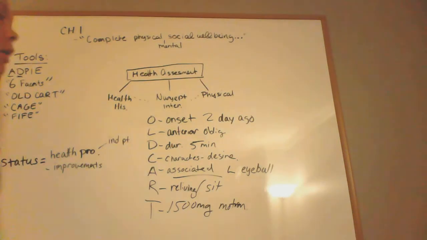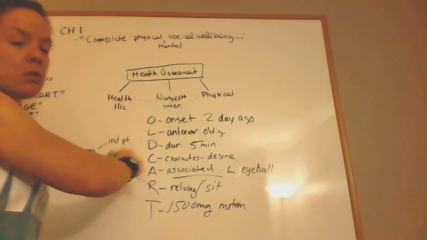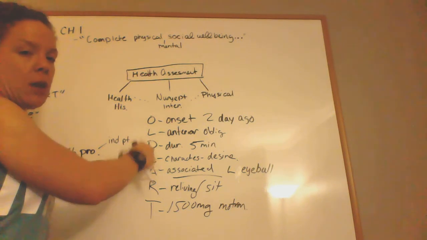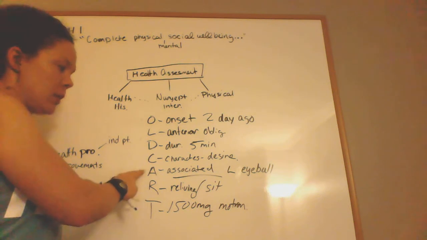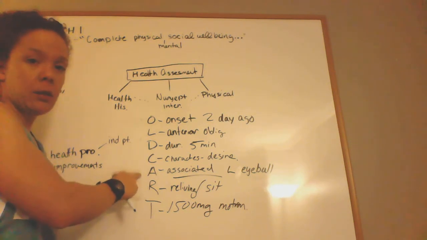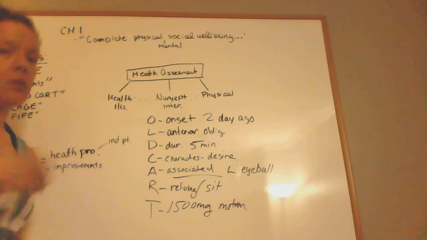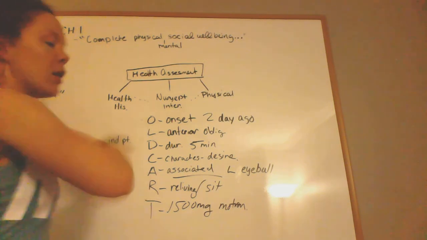So onset, when did it start; location, where is it, and again, try to get specific; duration, how long does it last; characterize it; associated issues, so when this particular pain starts, so does this, or when this happens I lose my balance, or what else is occurring.